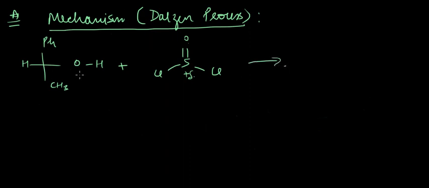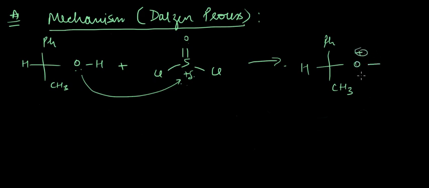So what will happen is this O will attack this sulfur atom to form something like a positive charge here, H atom here, S, and these pi electrons will be taken away by the oxygen atom to form something like this.